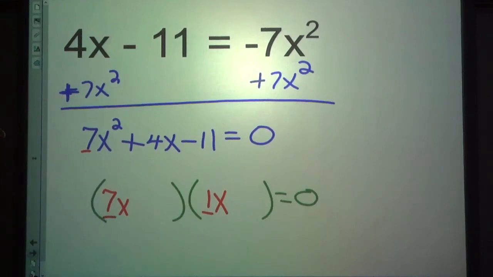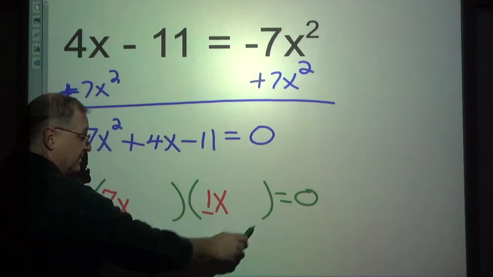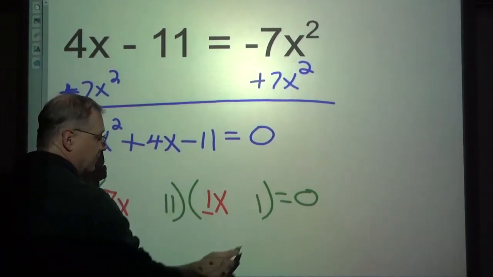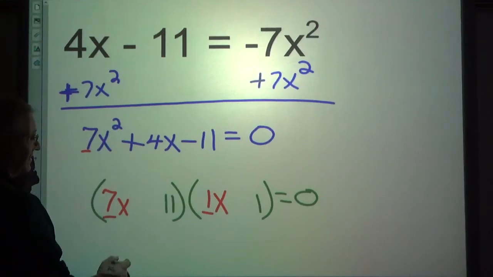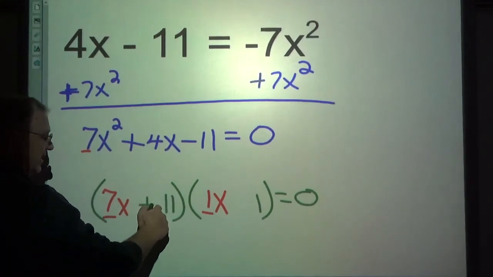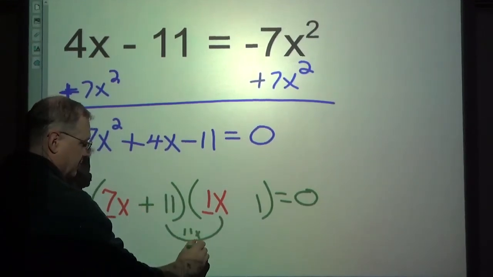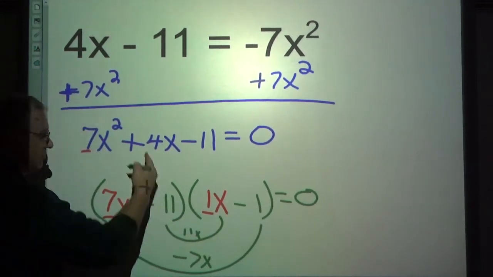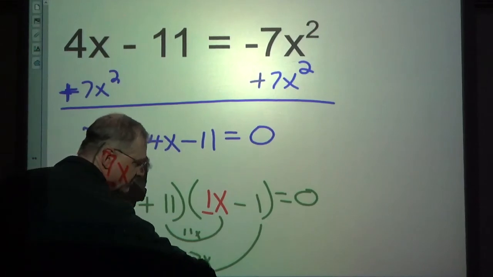I know that the 11 can't be here, because that would give me 77 and 1. That's not going to be close. So it's got to be here with 1. That means this is going to have to be a positive 11 and a negative 7. That gives me my positive 4x that I was hoping for.